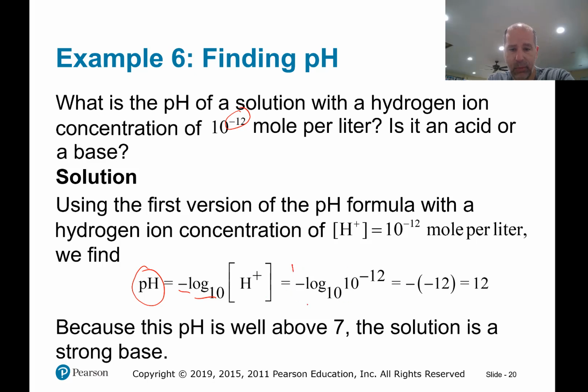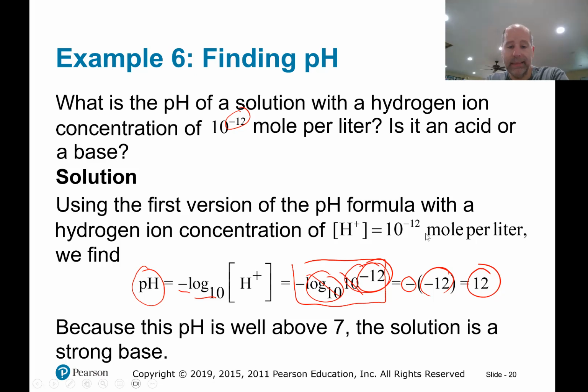So notice here when you plug it in that this is a log with base 10, and this is an exponential with base 10, and so by the property of logs, when you see exponentials and logs composed with each other, if they have the same base, they cancel each other out, and so you get the negative of negative 12 because the log and the exponential cancel each other out, and you're just left with the 12. So then you get the 12, which is what I said it was going to be anyway. So this is a strong base.